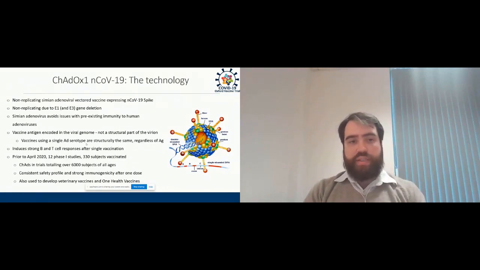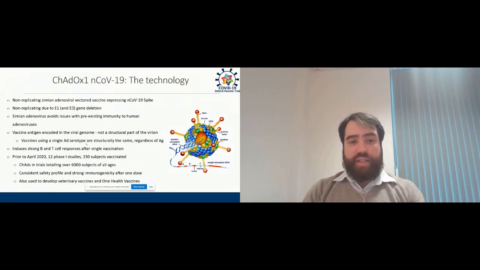pre-existing issues with immunity to human adenoviruses, and the technology allows us to essentially replace the E1 and E3 genes with whichever targets we want to protect people against. So it works not only for SARS-CoV-2, but we can replace that with antigens from different pathogens as well.